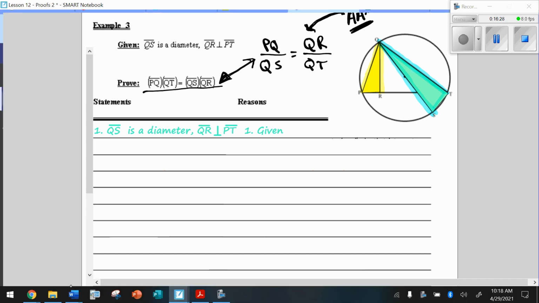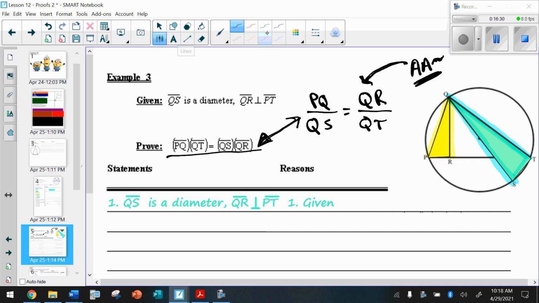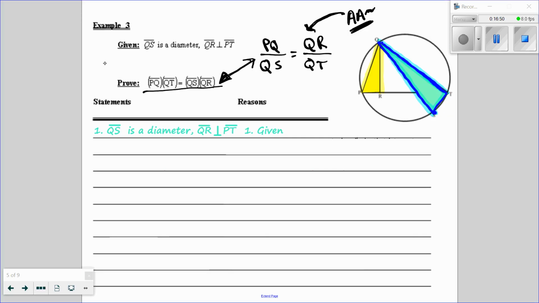Well, what I'm going to focus my attention on is the fact that this inscribed angle is half the measure of the intercepted arc, and the intercepted arc happens to be the endpoints of a diameter. And there is a rule, a law, a theorem for that.